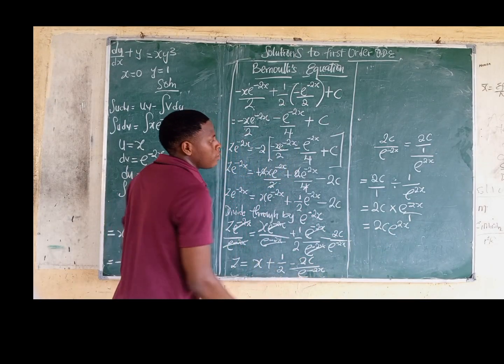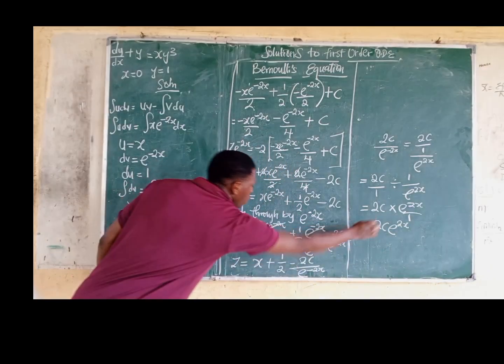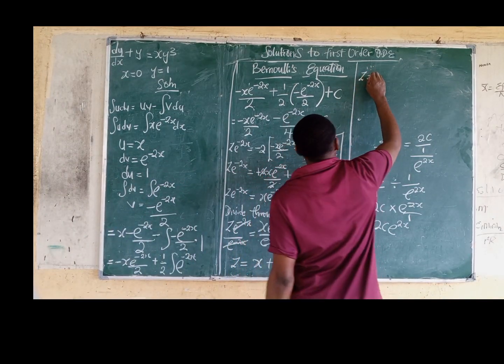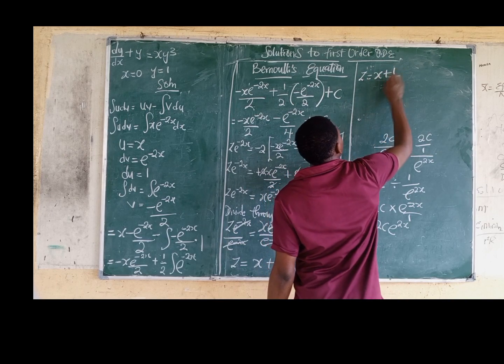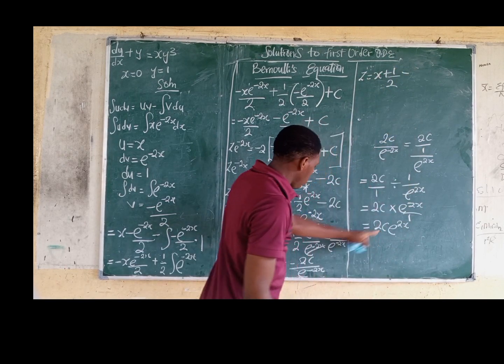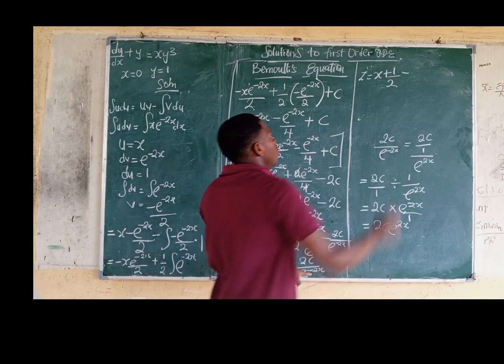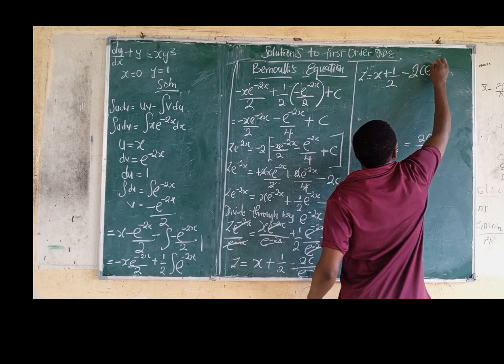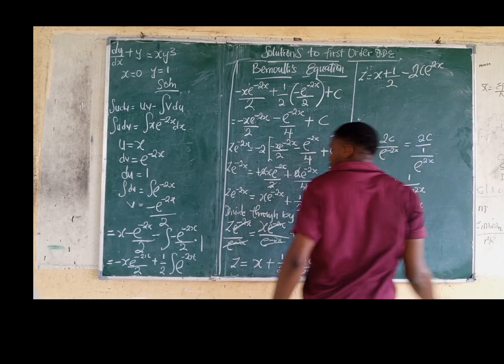So we can put this into this equation. We've simplified this. So if we put this into this equation, we have z to be x plus 1 over 2 minus this, which is this. We've simplified this, so we'll be left with 2c exponential 2x.